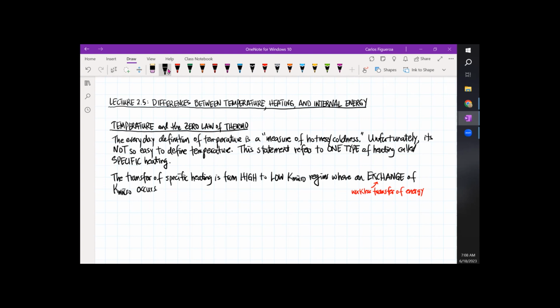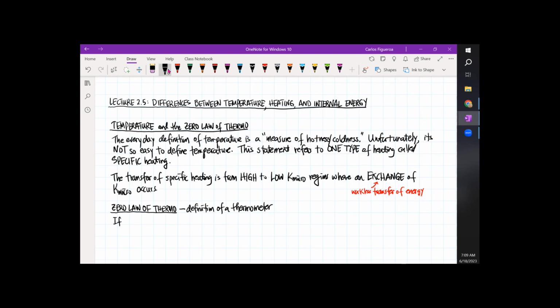So just to be clear here, this is the zero law of thermal. And what it does here is it really gives us a definition of a thermometer. And it reads like this.